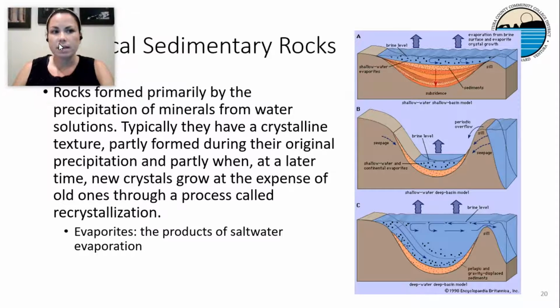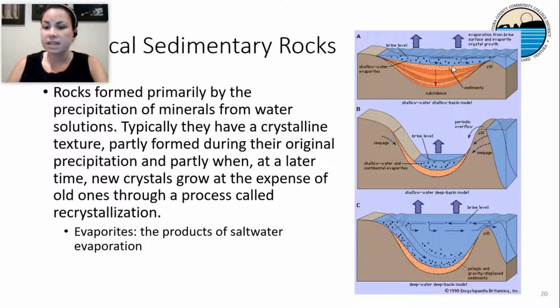So if I move my face, in this diagram over here, say we have this system where we have shallow water evaporites that are being deposited here, and we have an ocean here, which is salt water.